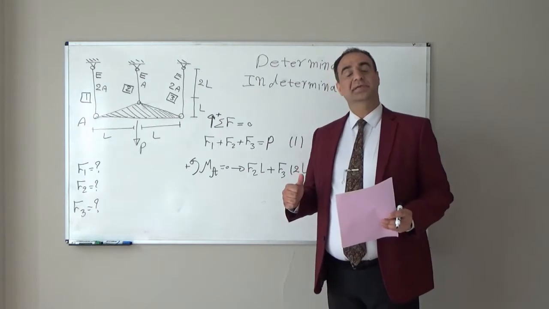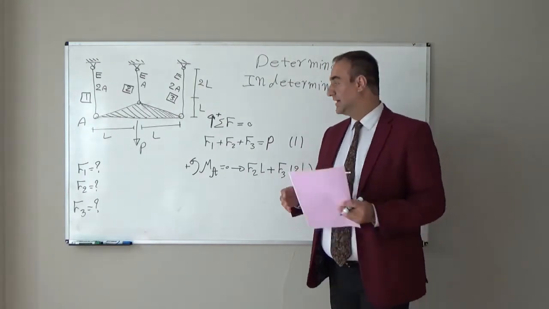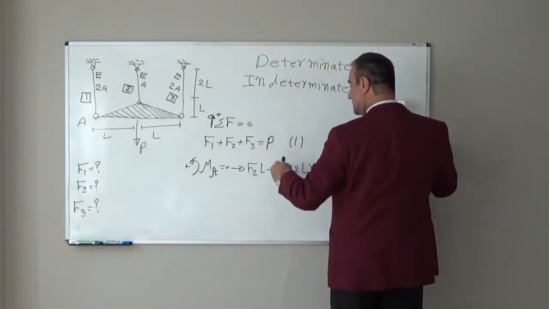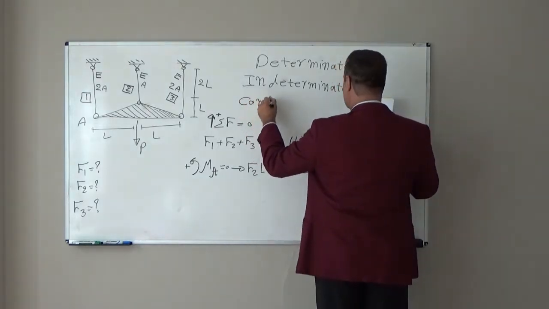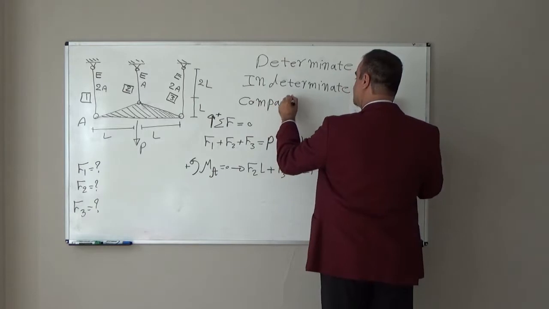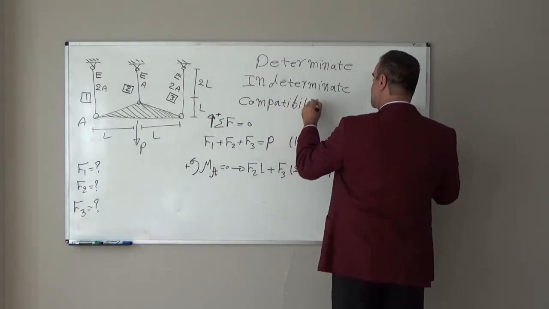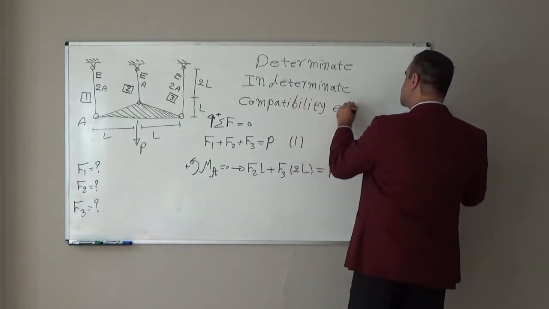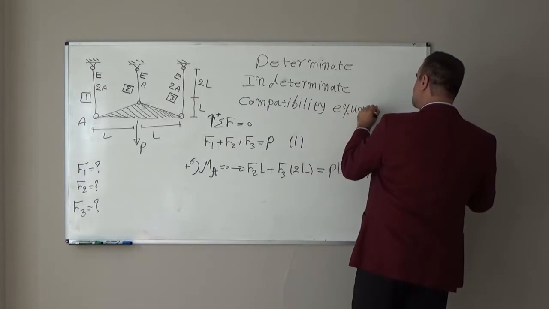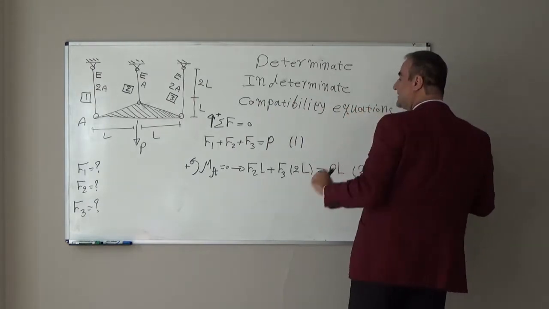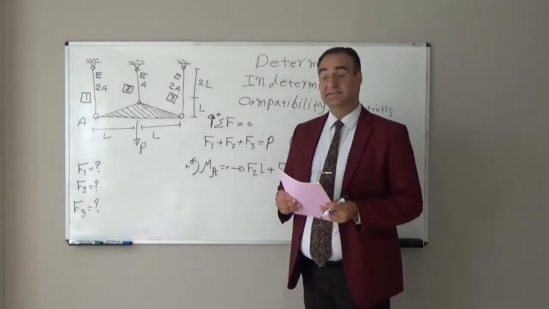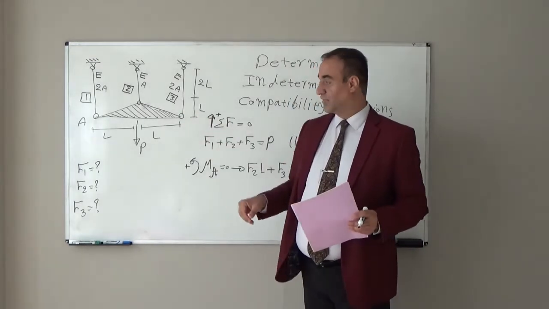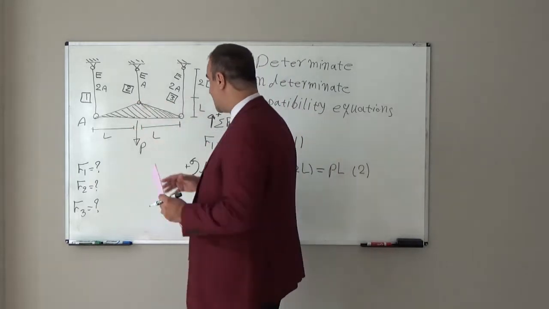Those equations we will call compatibility equations. So these are equilibrium equations. We will need compatibility equations. Compatibility equations come from the deformation of the structure. We should understand how the structure will deform. Here, this will move down.